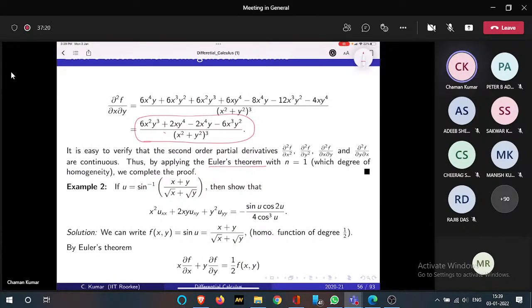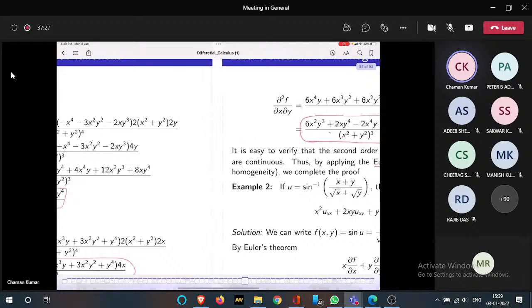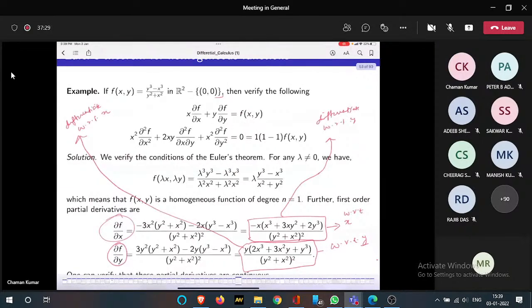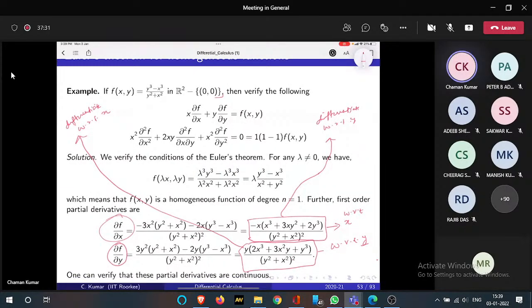And when you apply Euler's theorem, you need to know the degree of the homogeneous function. So this is a homogeneous function of degree n, where n is equal to 1, that we have just calculated. Okay.